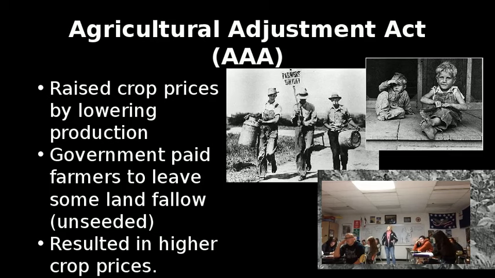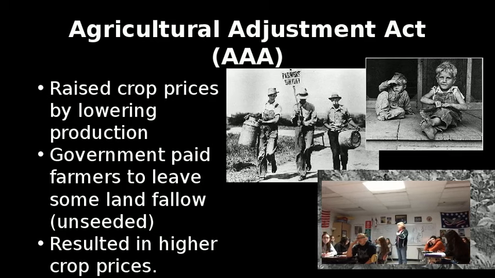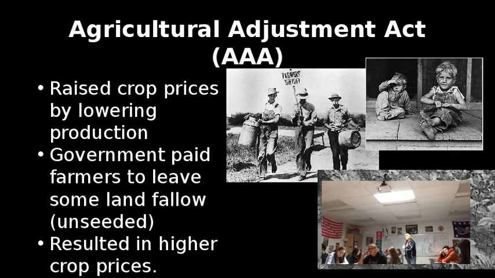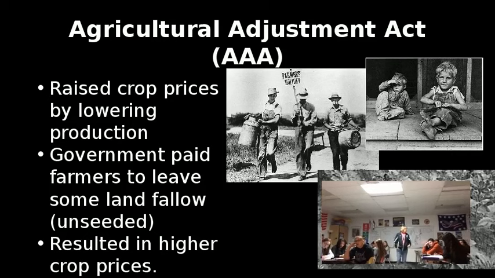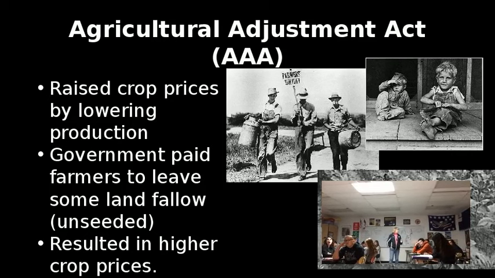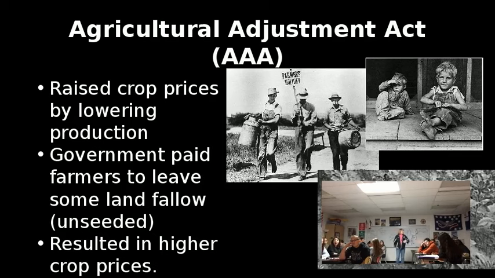Because remember, we had the surplus, the overproduction coming out of World War I. And so what he did is he started paying farmers not to farm. He said, if you have 50 acres to farm, you go ahead and farm 20. We'll give you a subsidy and pay you not to farm the other 30 acres.